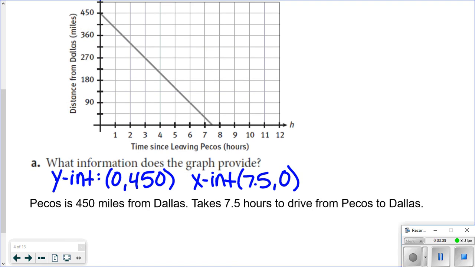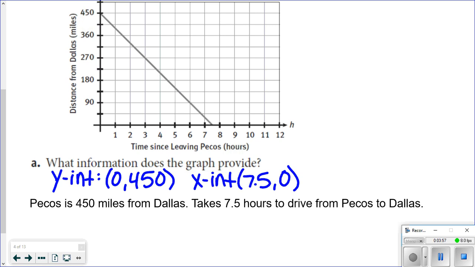So based on these intercepts, I know that Pecos is 450 miles from Dallas. And the graph also tells me that it takes 7.5 hours to drive from Pecos to Dallas.